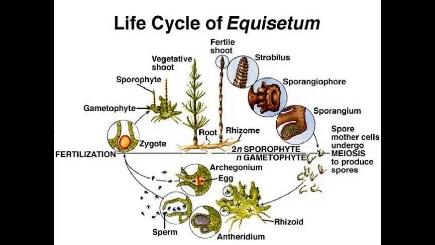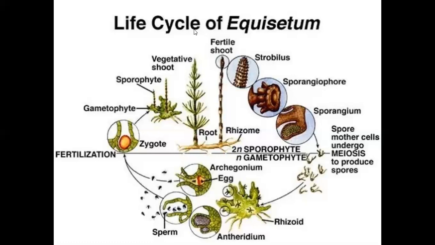It shows rhizome, roots, and aerial shoots. Aerial shoots are of two types. One is the vegetative shoot.